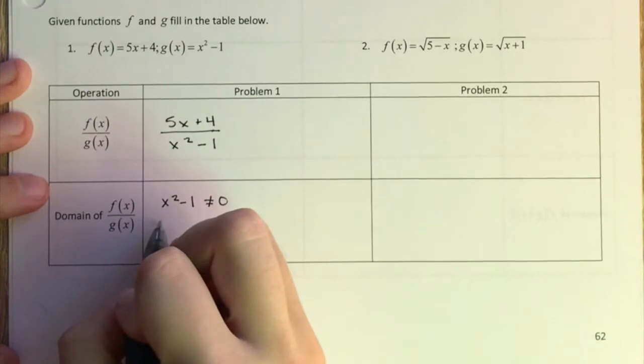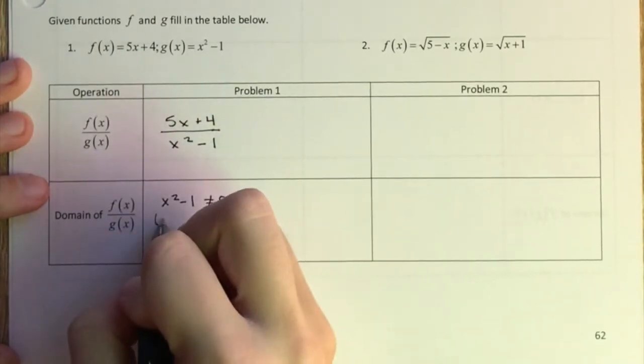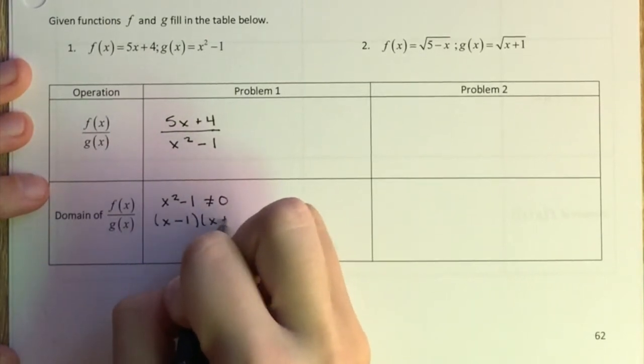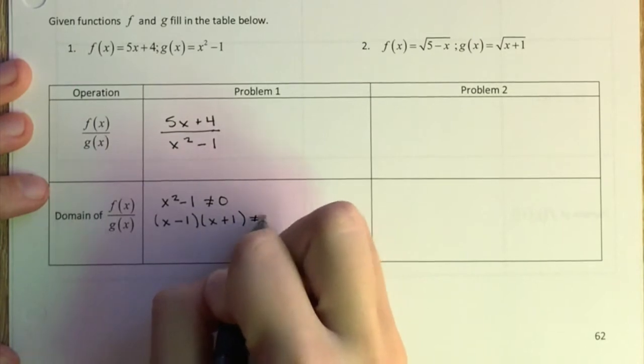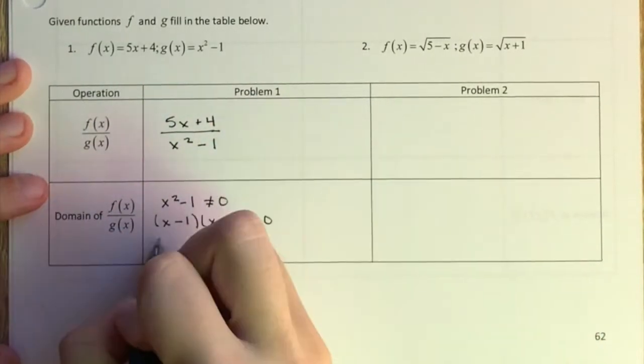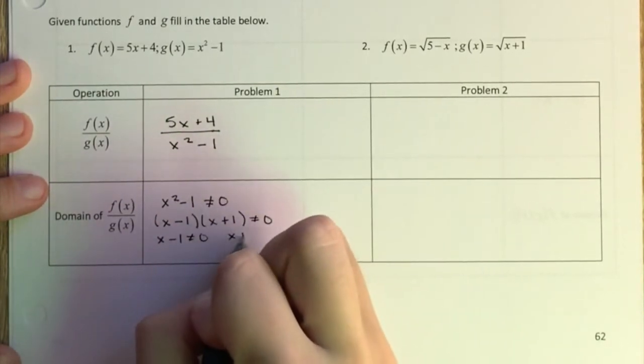We can do this in one of two ways. We can either factor. This factors into x minus 1 and x plus 1. This is the difference of squares. Then we split them up and solve.